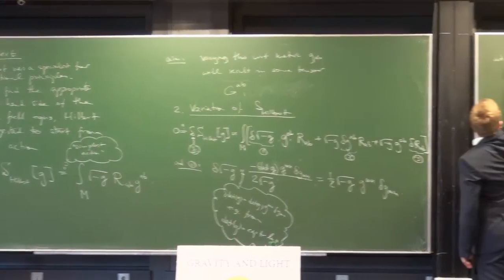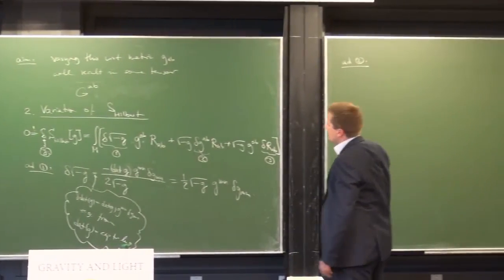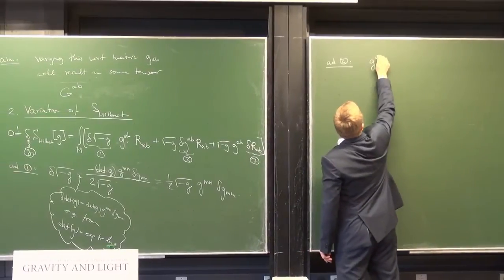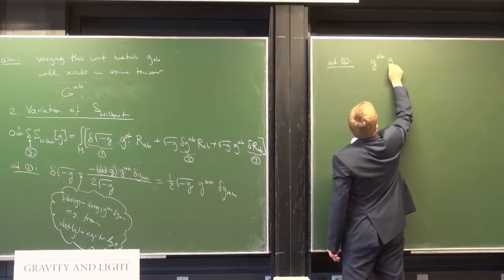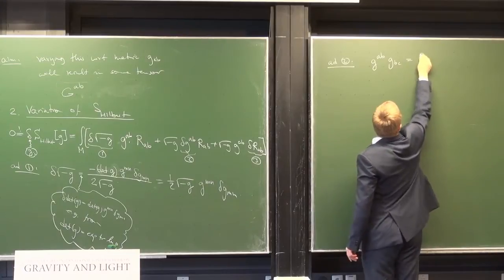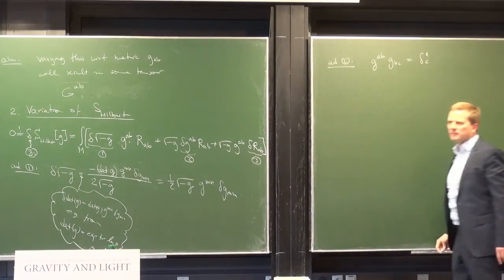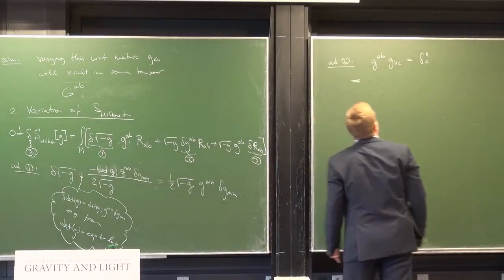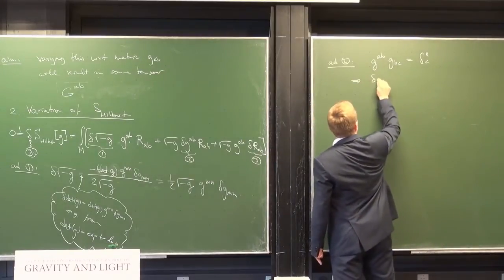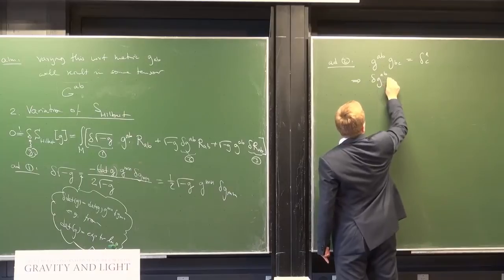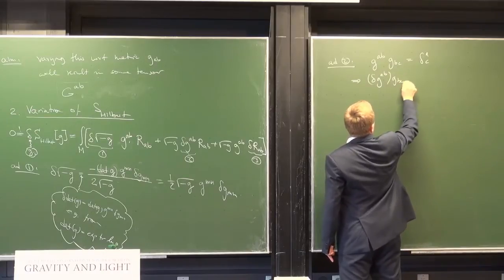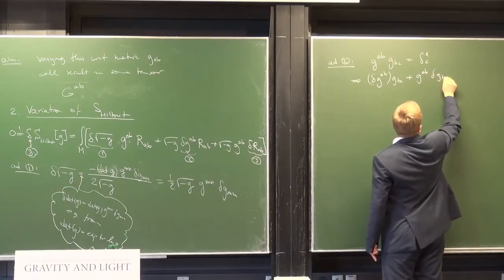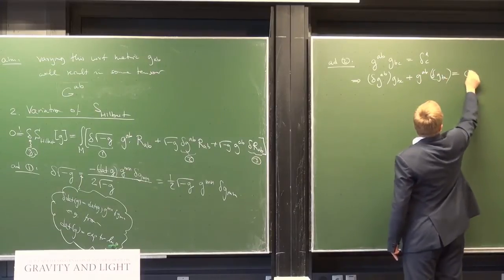Then at 2, you have the variation of the inverse metric. Well, how do you get this? If you have g^{ab} and you have g_{bc}, you know this is delta^a_c. That's clear. So now varying on both sides, you have here the product rule, delta g^{ab} times g_{bc} plus g^{ab} delta g_{bc} equals 0.